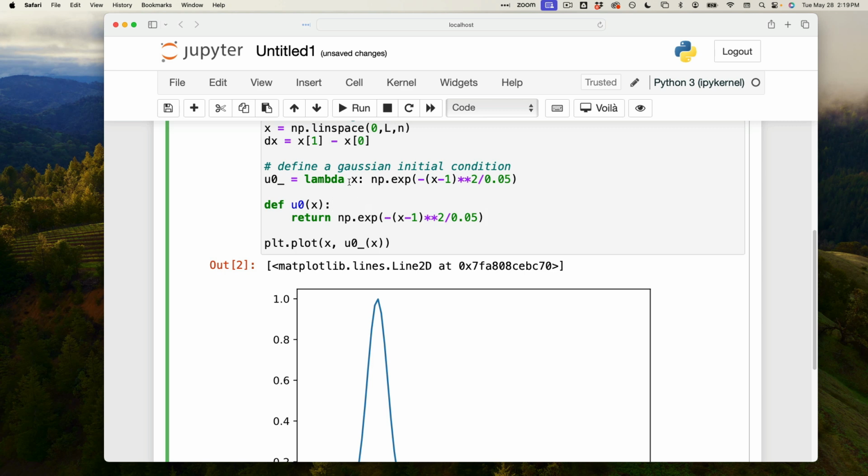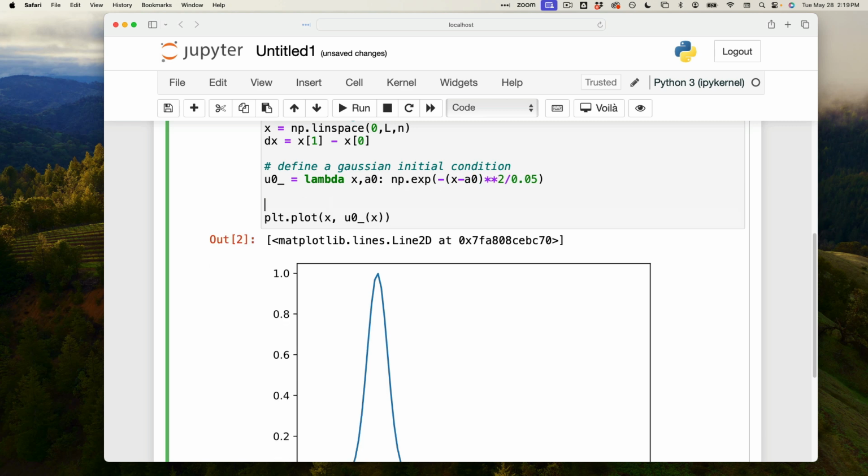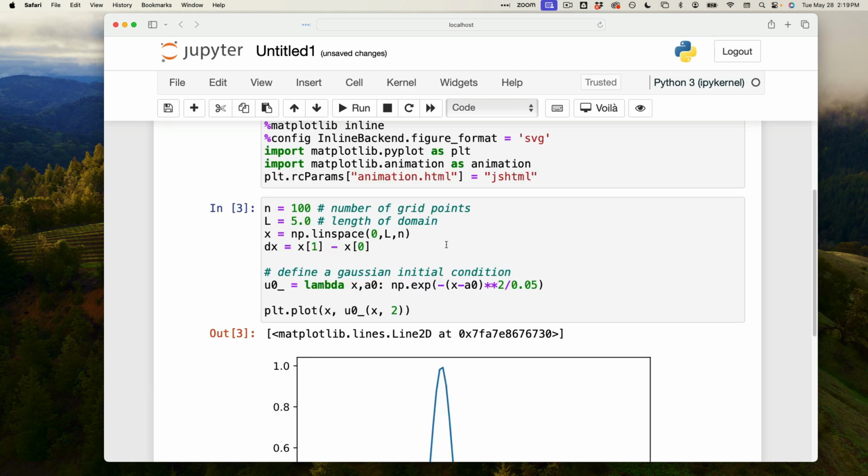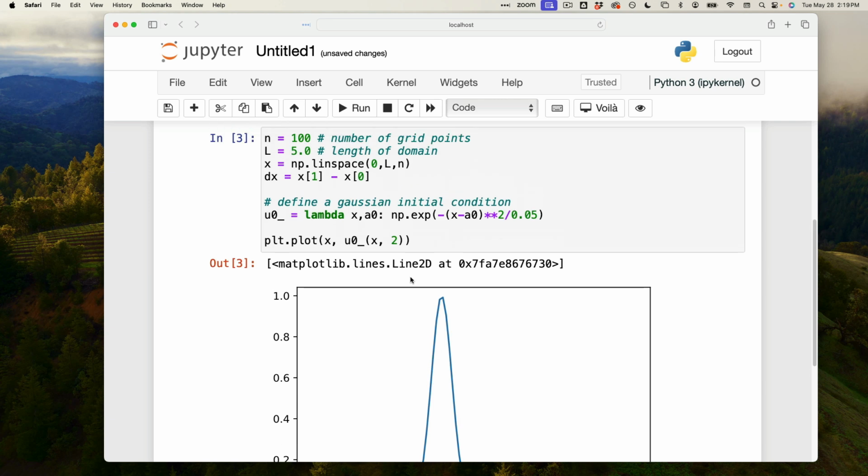You can add multiple arguments to it, so you could do, let's say, x1 and a naught, which is the center of the Gaussian, for example. Then you could say that I want to center it at 2, then it will be centered at 2, right? And you can add the standard deviation, so s, let's say, over s squared, okay?